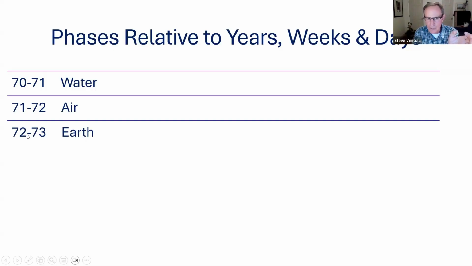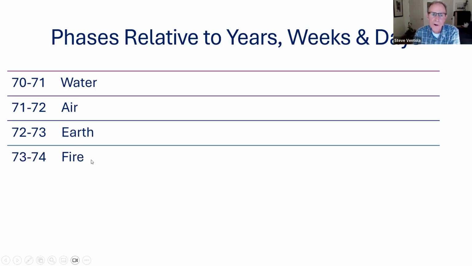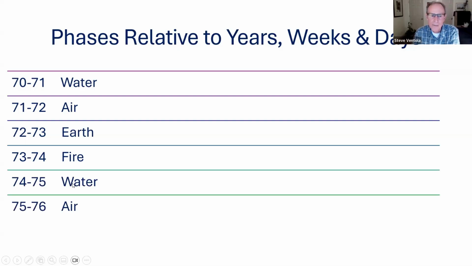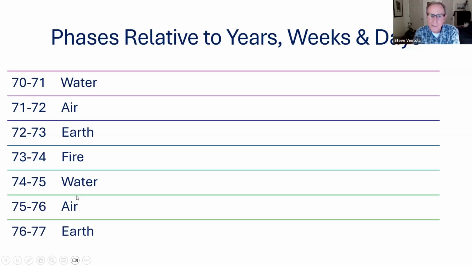So between 72 and 73, that's prime time, generally speaking. 73 to 74, fire, the nature of fire there, of actually refining further. Again, repeating, 74 to 75, water, 75 to 76, air, and then 76 to 77, earth.